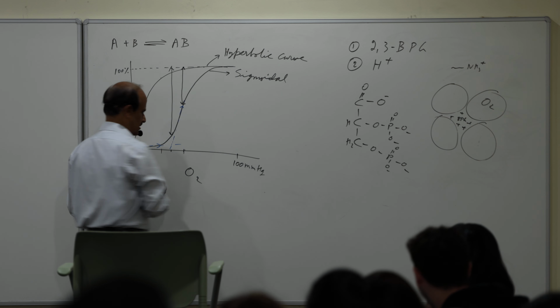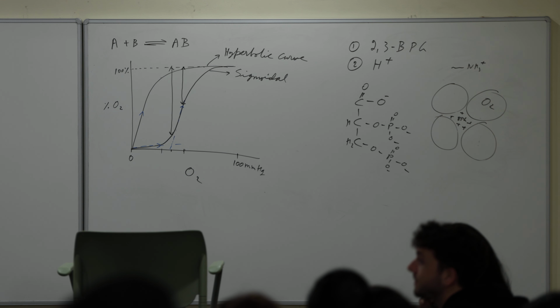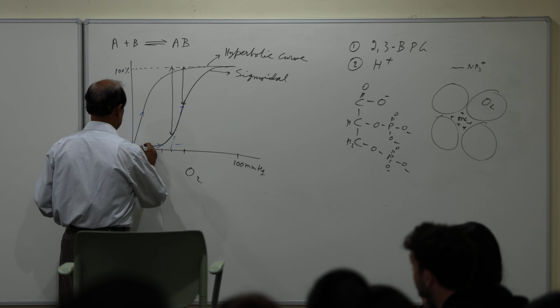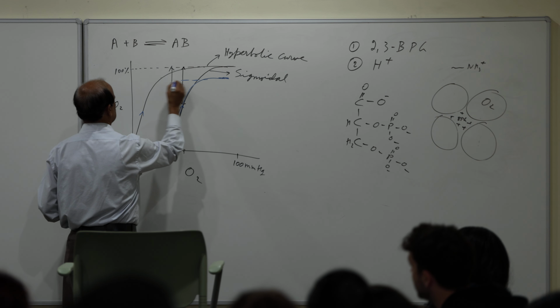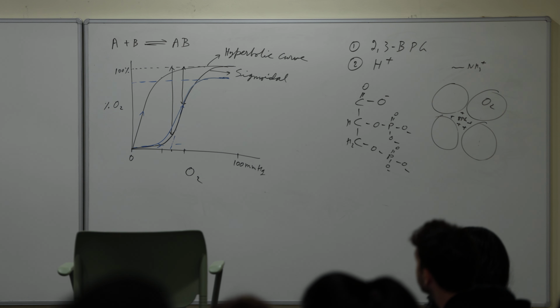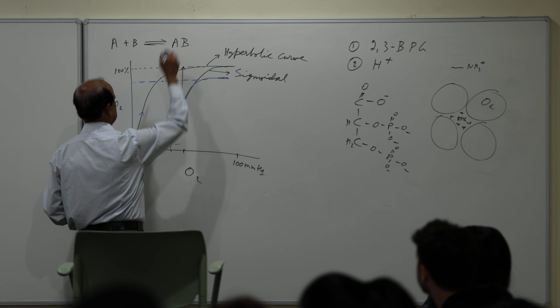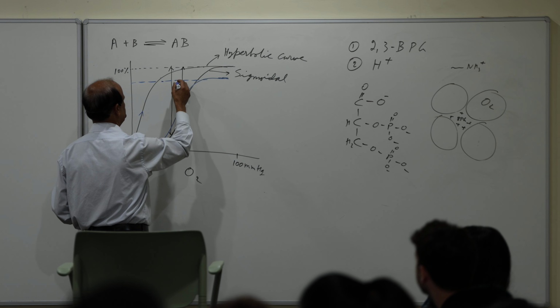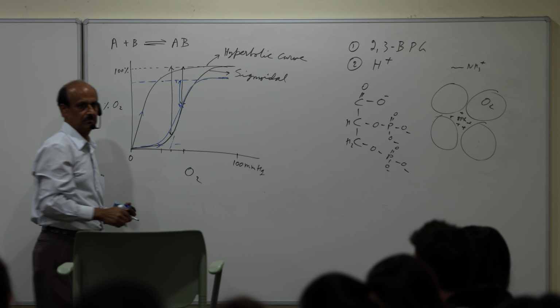So this curve, let me use a different color. This graph then will be like this. Let's say this is the maximum amount of oxygen, let's say 80%. So that's what can bind. So you are fresh up the mountain, you go there the first day and you want to breathe, you cannot breathe because instead of releasing this much, it is releasing only this much oxygen.